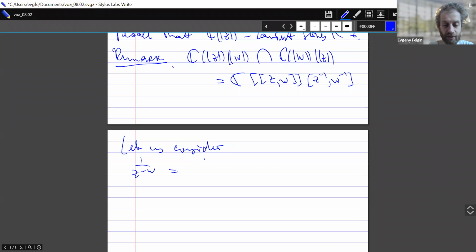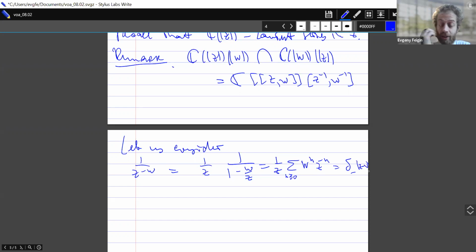One way is to write it as 1 over Z, sum of W^n Z^(-n), and this is nothing but delta minus of Z minus W.